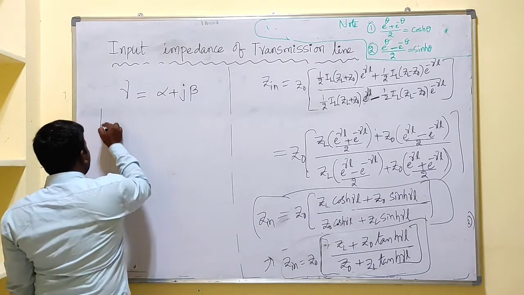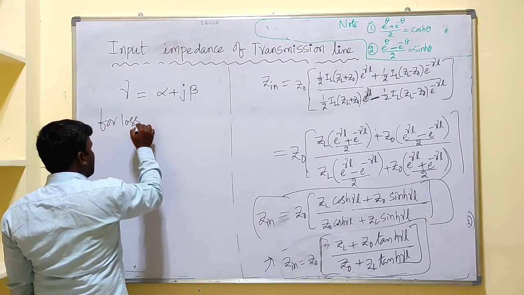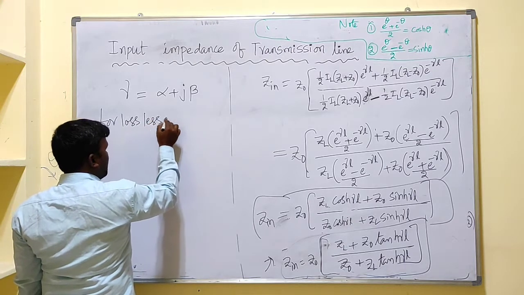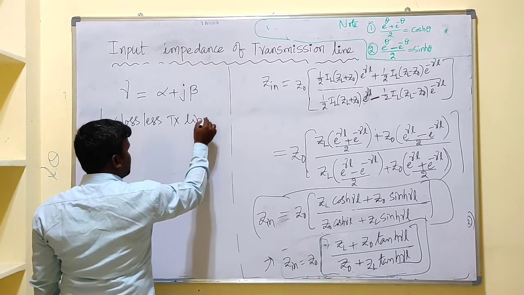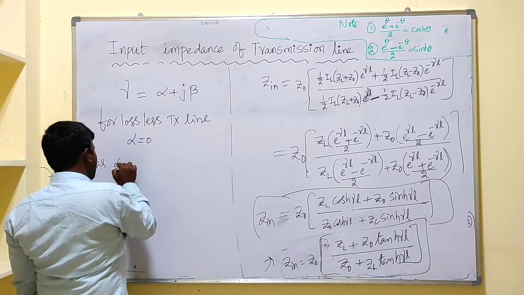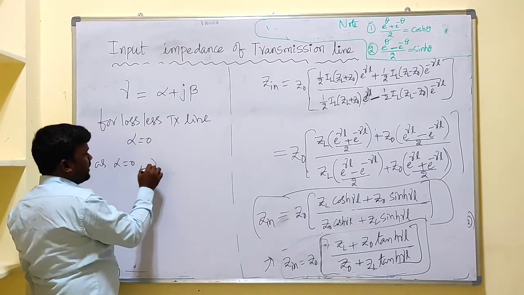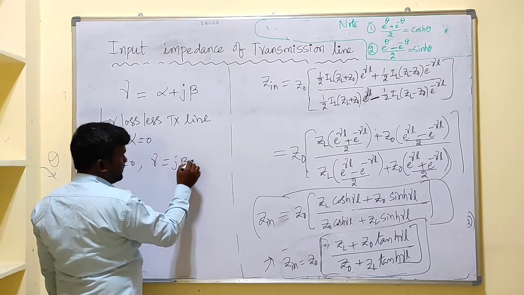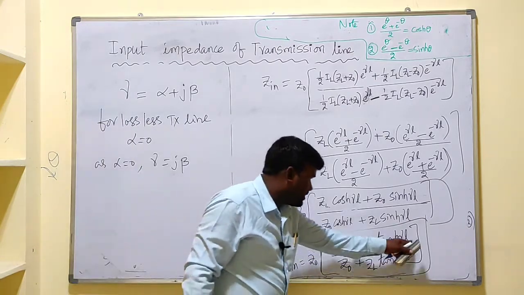For a lossless medium, for a lossless transmission line, α equals 0. As α equals 0 for a lossless transmission line, γ equals jβ.